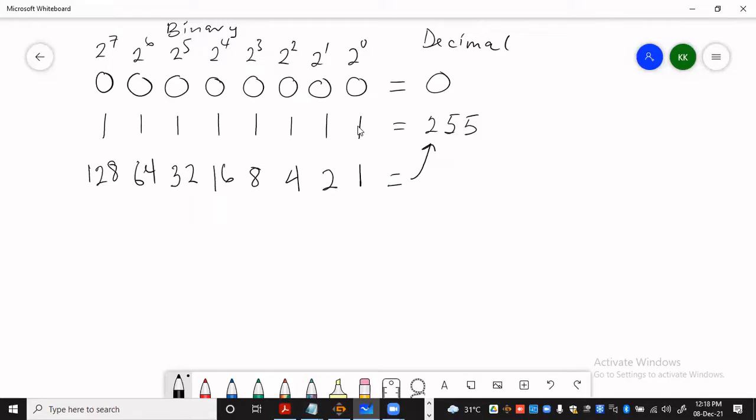So it means that if you were to switch all the zeros on, the maximum decimal value you can get is 255, which is the maximum number of allocation that any character can take on within an 8-bit registry within a computer system. So 8-bit sequence maximum is 255.